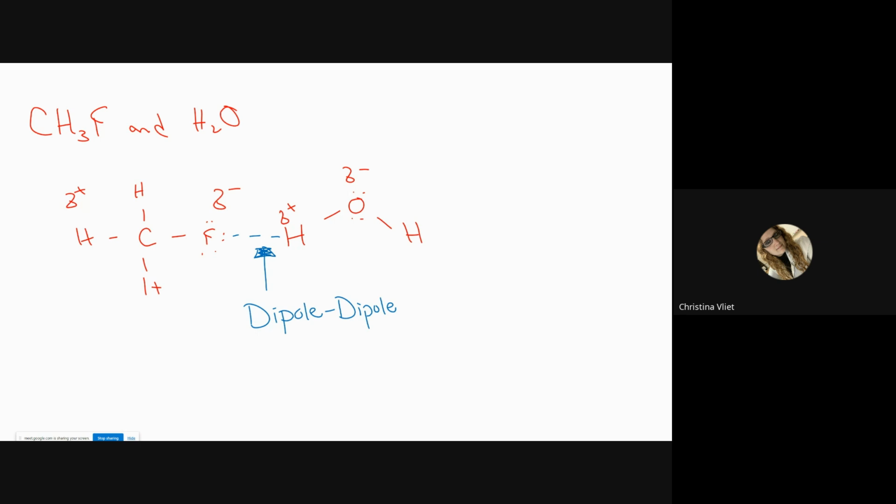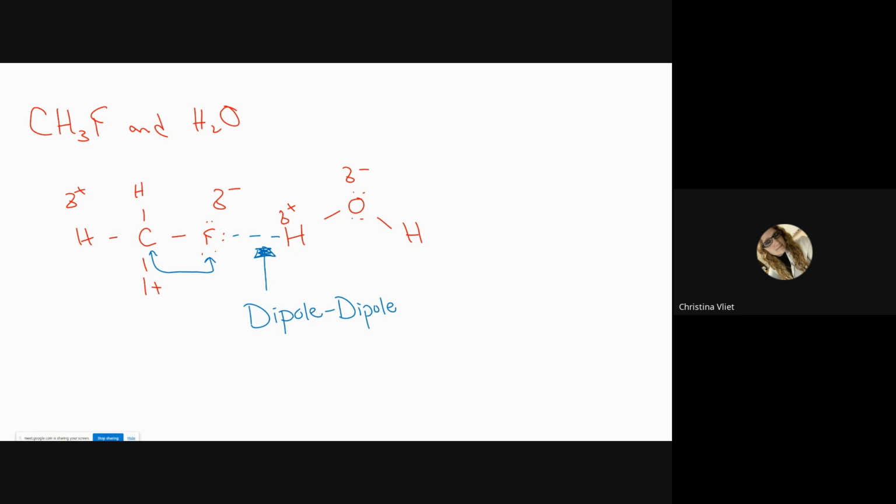In order for you to have hydrogen bond, both molecules have to have hydrogen directly connected to fluorine, oxygen, or nitrogen. This fluorine is attracted to is directly bonded to a carbon, not a hydrogen.